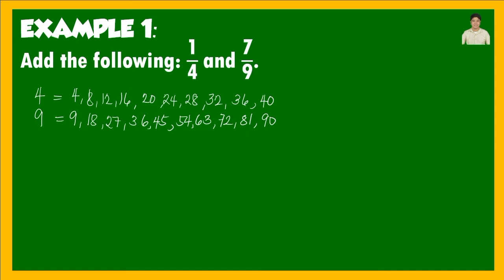So, based from the multiples written, ano po yung least common multiple na nakikita natin dyan? And that is 36. The number 36. So, ibig sabihin, yung LCM natin na 36, yun ang magiging LCD, yung least common denominator.